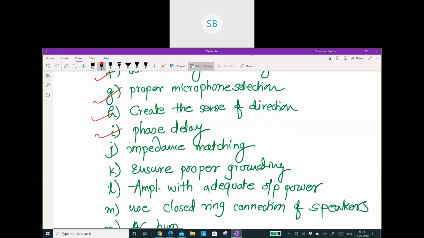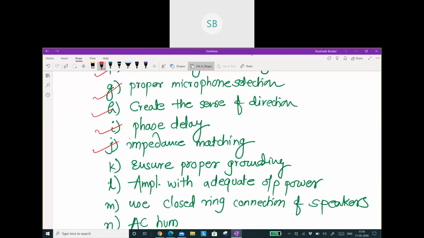Then the next parameter is impedance matching. As we have seen earlier, impedance matching is important so as to deliver the maximum power. It is necessary to match the total loudspeaker impedance with the output impedance of the power amplifier, so as to ensure maximum power transfer to the speaker.